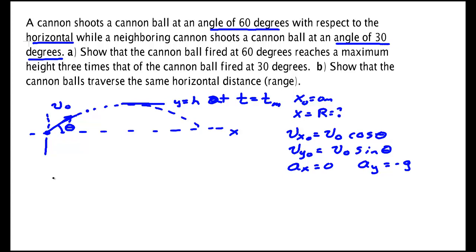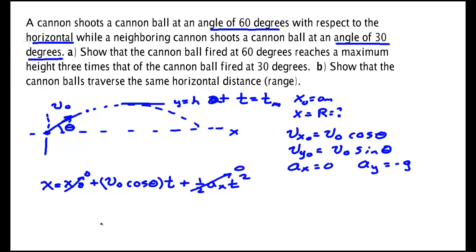What I want to do is write the 4 equations for projectile problems. One which says x is equal to x0, but that's going to be 0, plus Vx0, but I'm going to replace Vx0 with V0 cosine theta times time plus 1/2 axt squared, but that's 0.